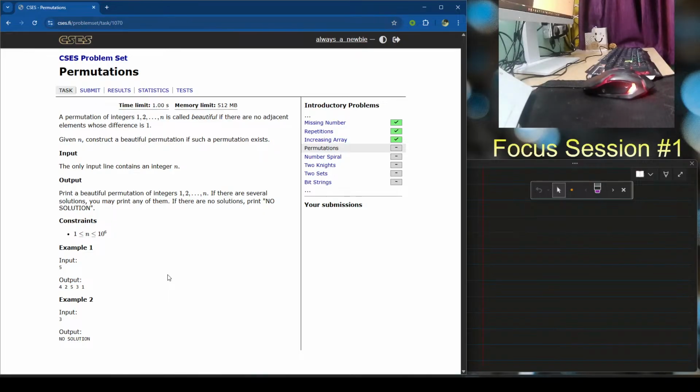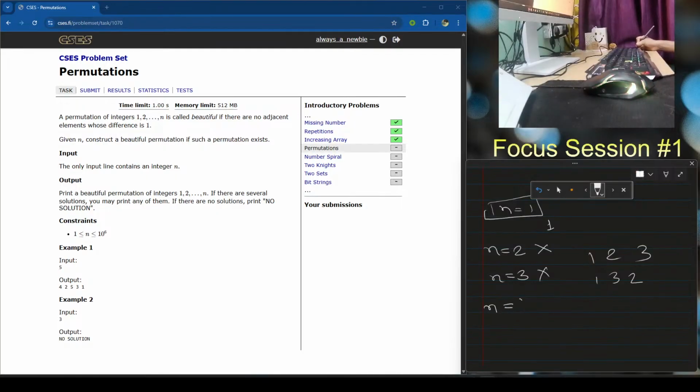Let me just consider here. If n is 1, then there lies a solution with just 1. If n equal to 2, there is no solution. Now I can see for n equal to 3 also there doesn't exist any solution, because it can be either 1 2 3, 1 3 2, or something else. Now let's check for n equal to 4.